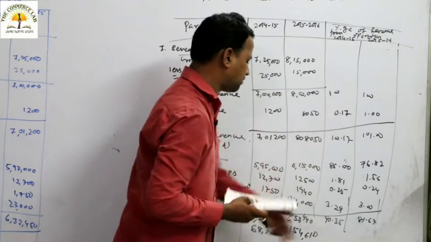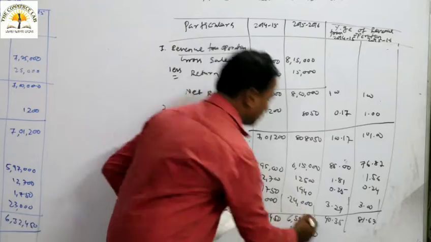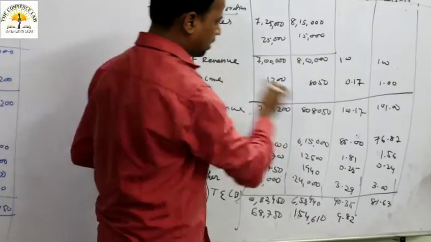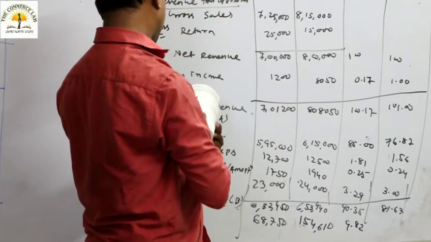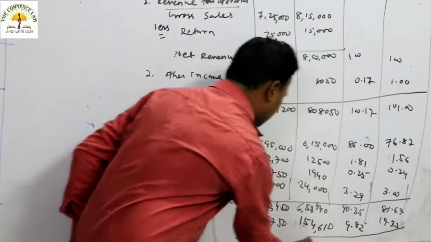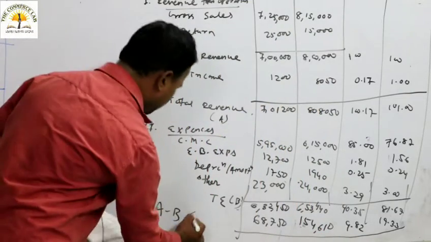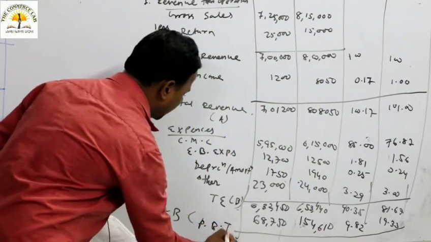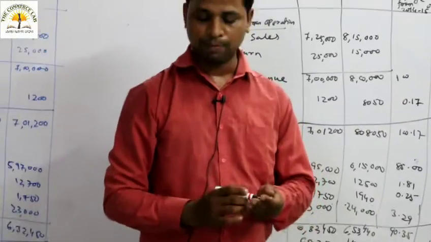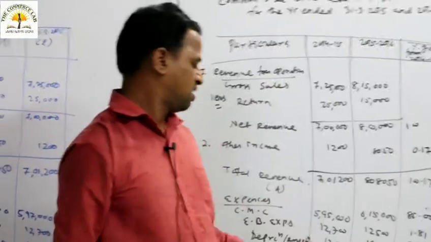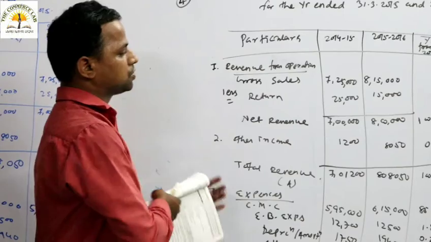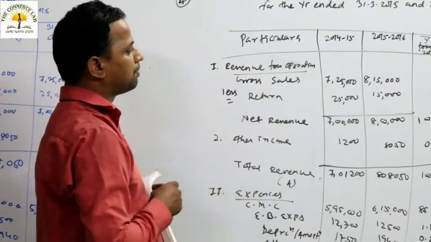Similarly, 100.17 minus 90.35 is 9.82, and the last one, 101.00 minus 81.67, is 19.33. This is the profit before tax. As there is no mention of the tax rate, we have to stop here by calculating the profit before tax only.